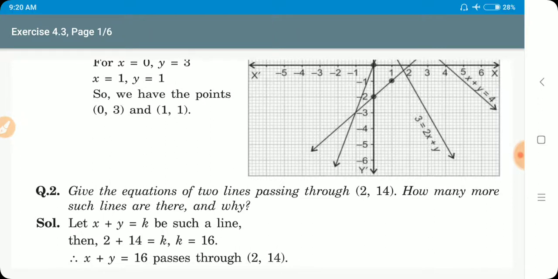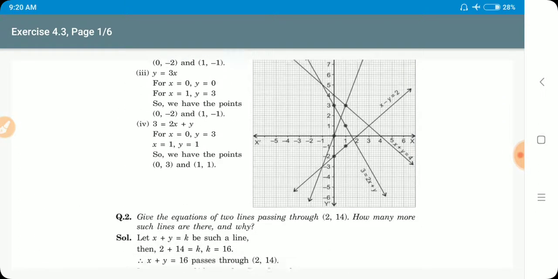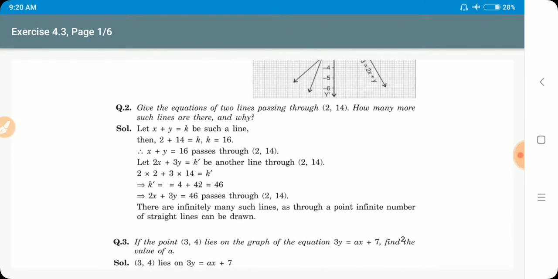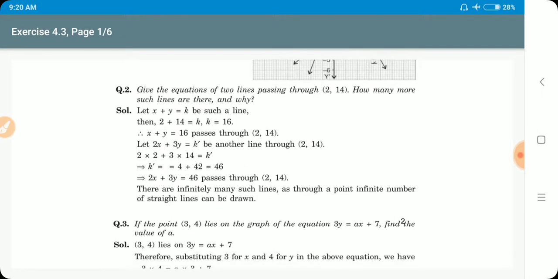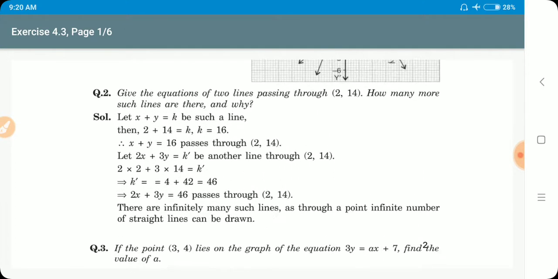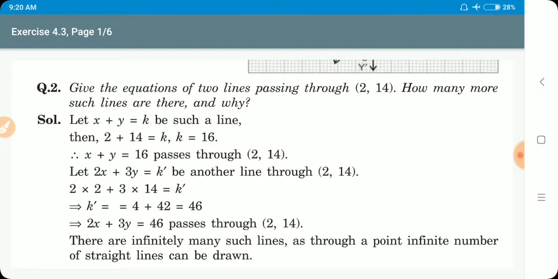Now I'm going to explain question 2. It says give the equation of two lines passing through this point.